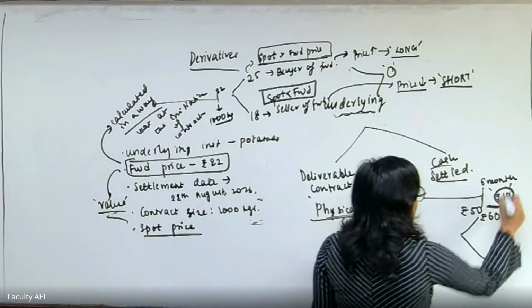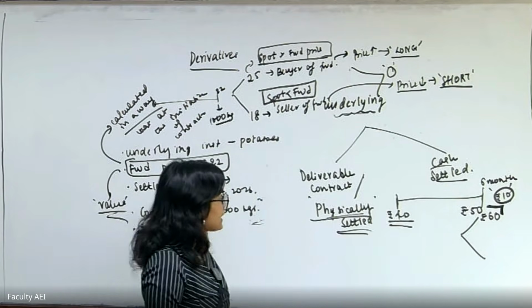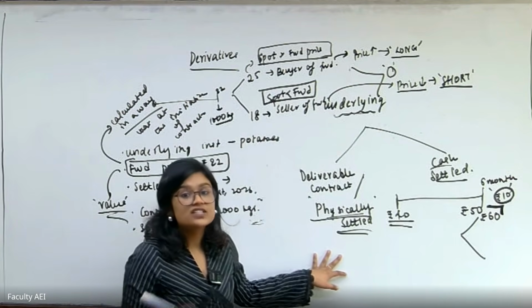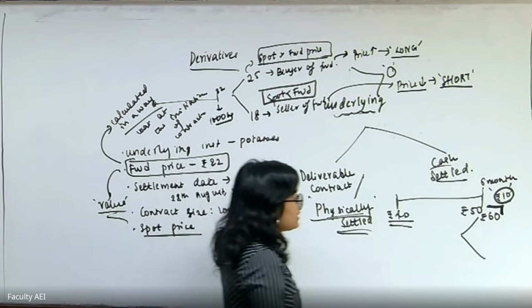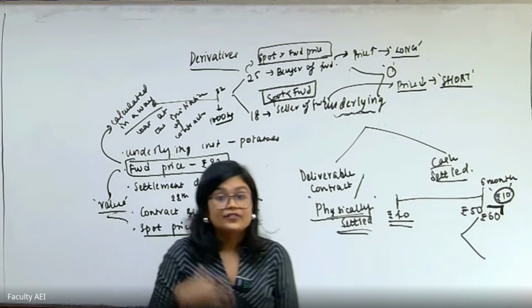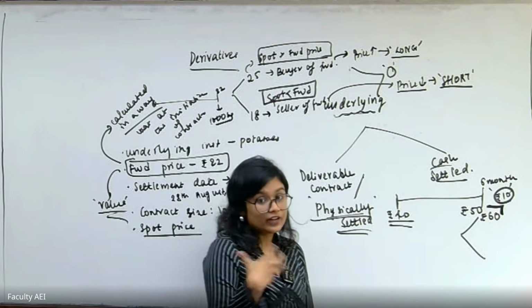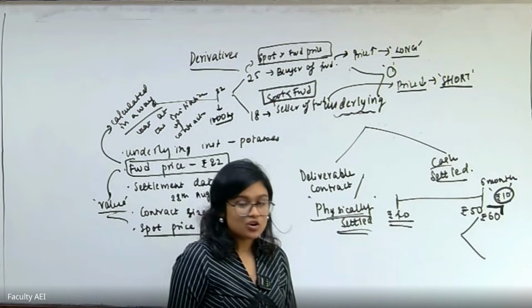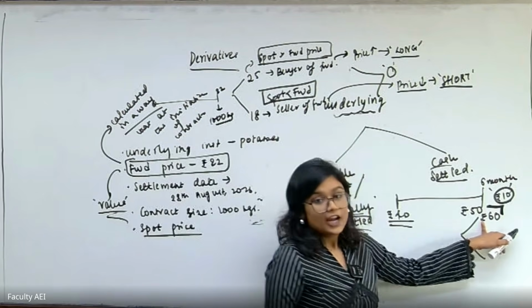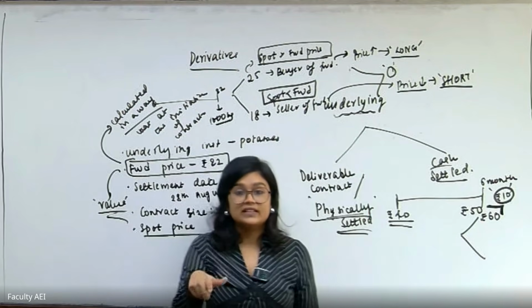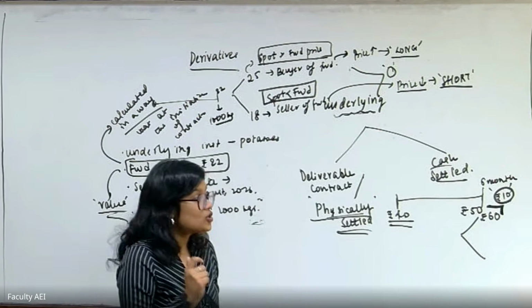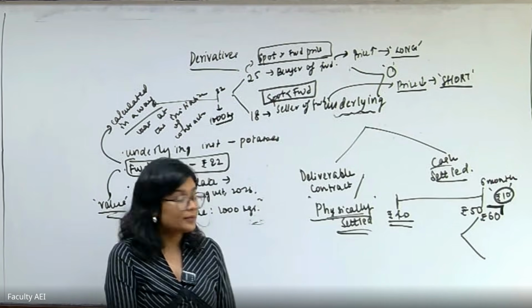So in the case of a cash settled contract, they do not exchange the commodities. The seller would think, if I were to go into the market and buy the stock, I would have to pay rupees 60, and I would have to sell the same stock to you at rupees 50. So I would be making a net loss of rupees 10.